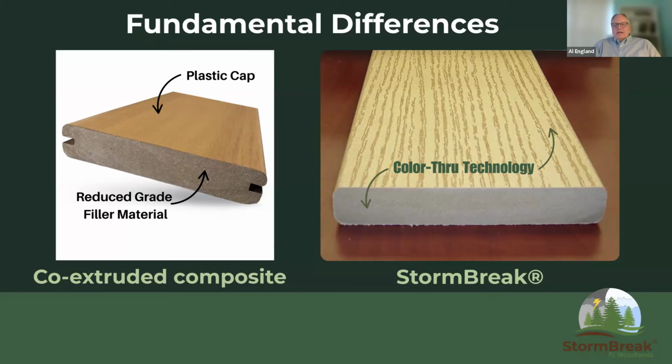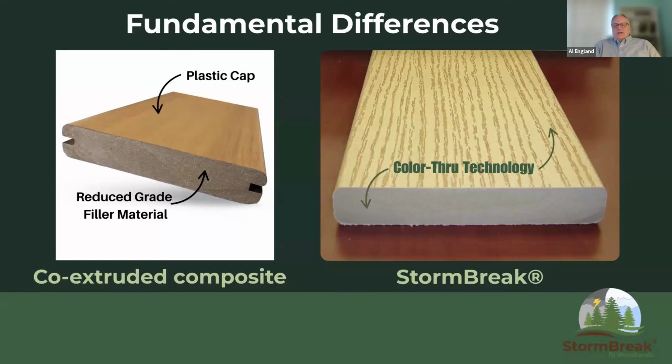Much of the cost of the product is invested in these cap materials for the sake of the overall appearance of the board, color retention, and to protect the substrate from the elements. The process to place the cap on the board is not a simple one and can be rather costly.